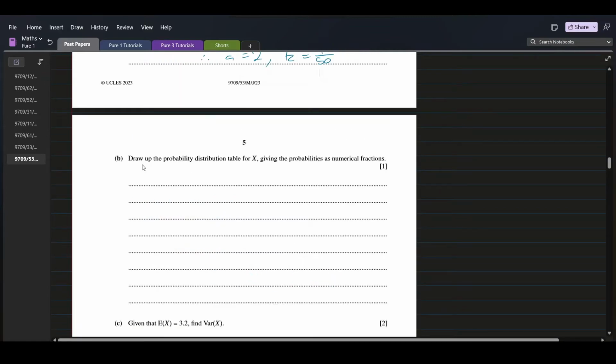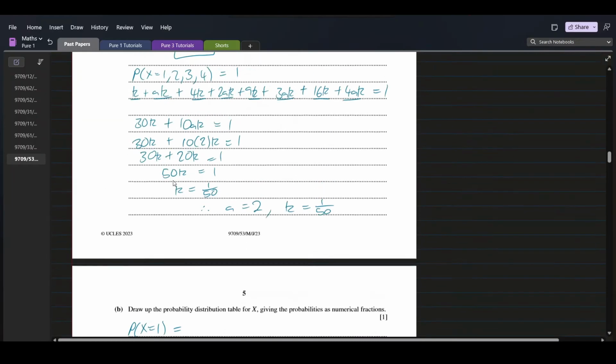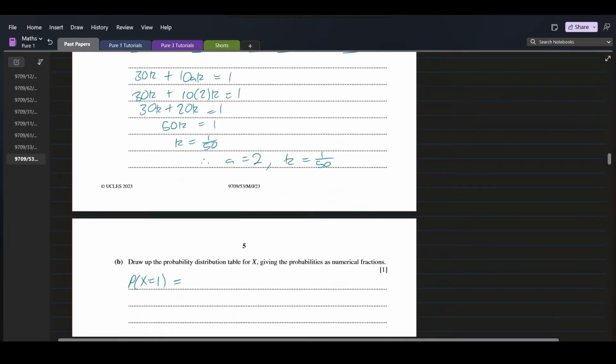Part B, draw up the probability distribution table for x given the probabilities as numerical fractions. Okay, so in part A, we evaluated our probabilities in terms of a and k. Now that we have the values of a and k, we can evaluate them and get them as numerical fractions. So we'll start with the probability that x equals 1, and that was k plus ak.